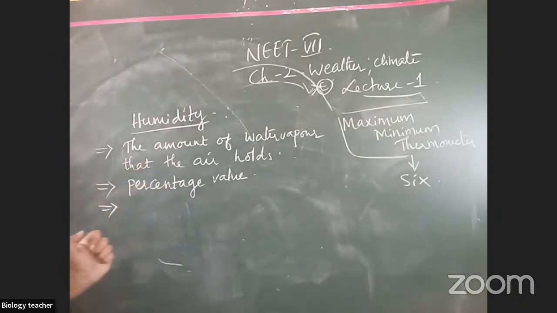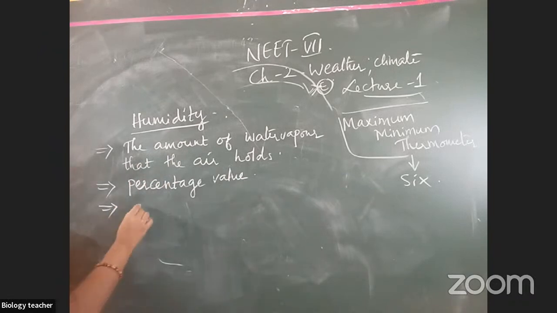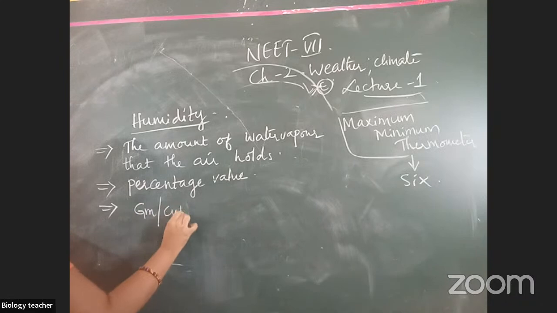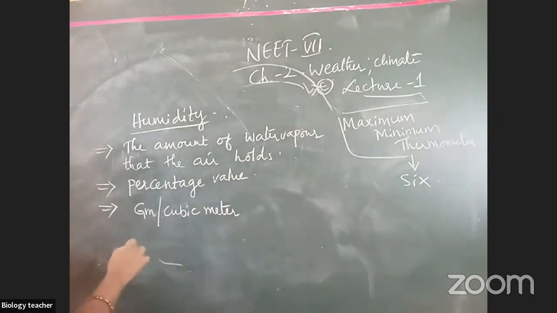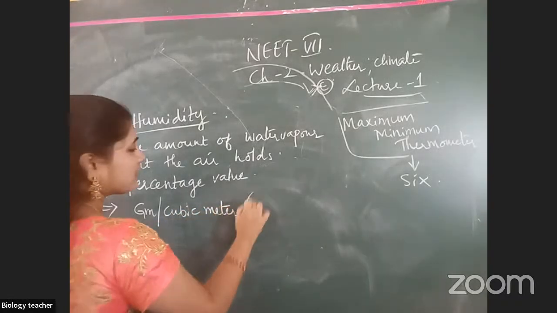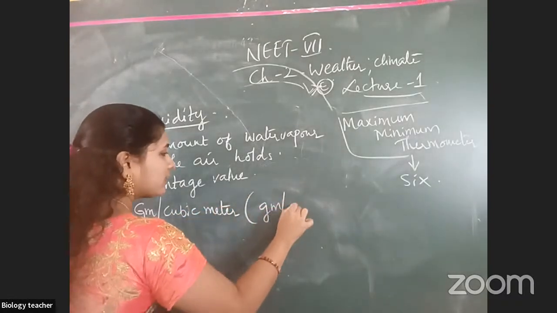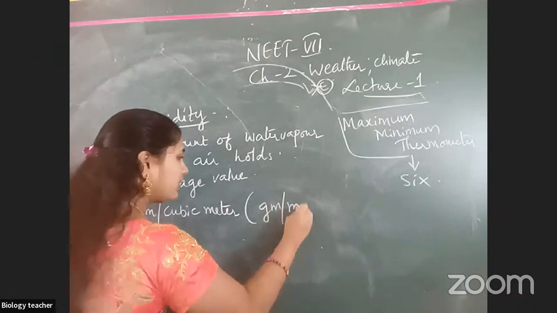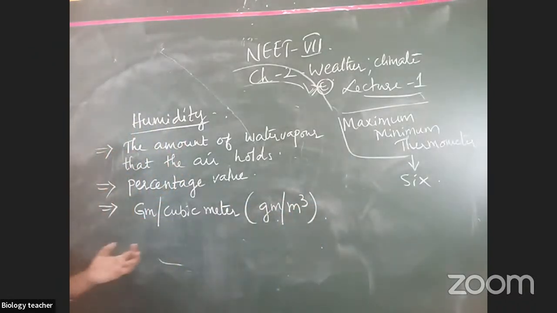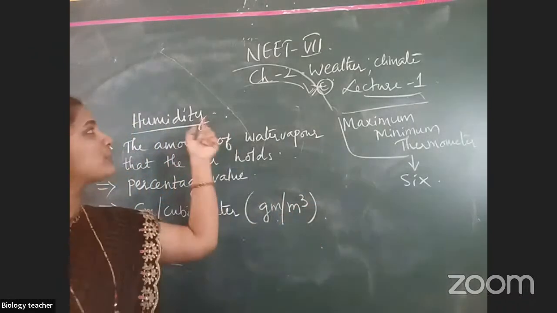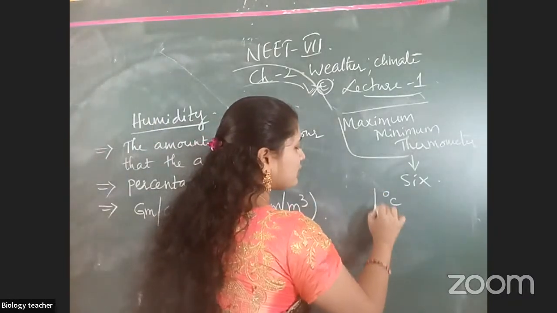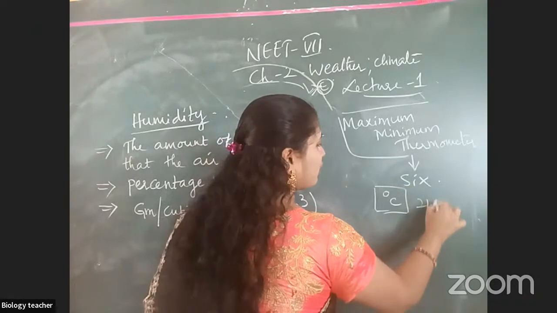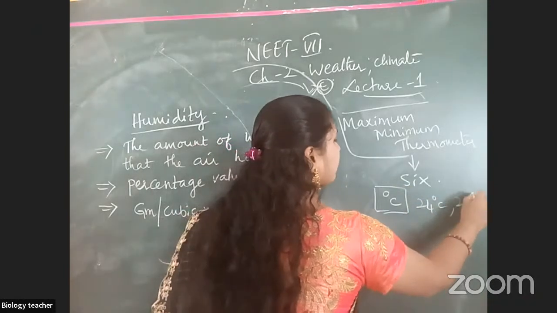Humidity is measured in gram per cubic meter. This is the measure unit used to express humidity. For example, for temperature we use degrees Celsius, like 24 or 25 degrees Celsius.